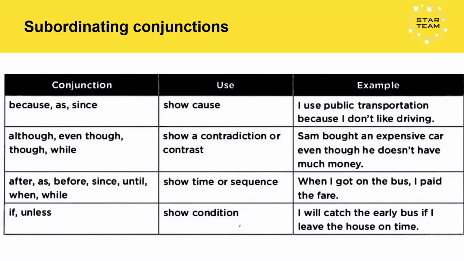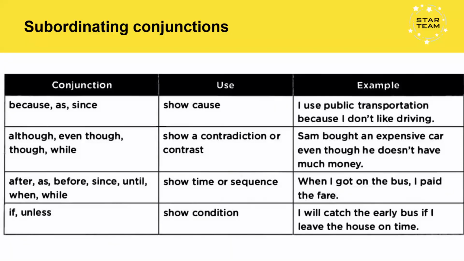It shows condition. I will catch the early bus if I leave the house on time. So, for example, you can make up conditional sentences like: if I have a lot of time, I would travel. I would go to my grandma, for example.